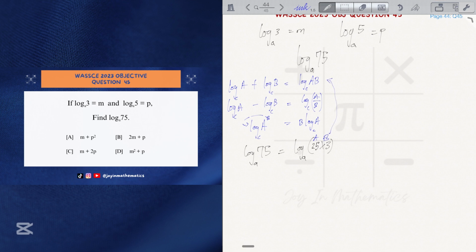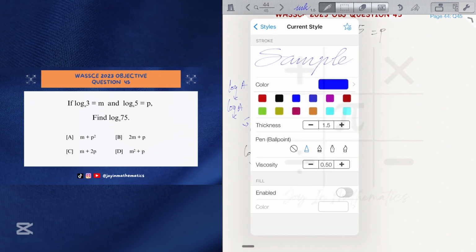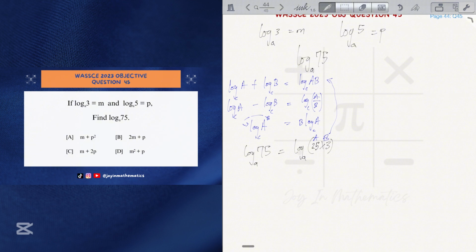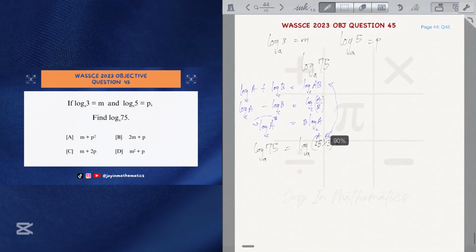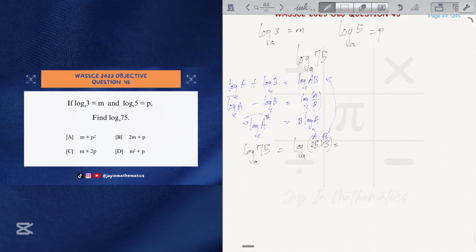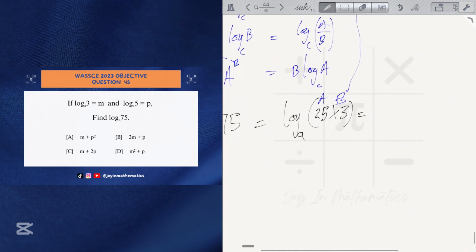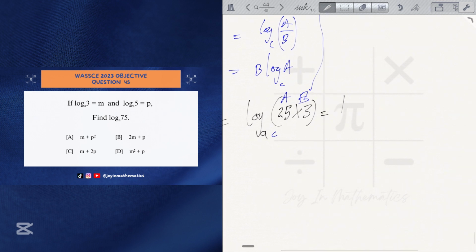Applying the addition law, we have log A to base C plus log B to base C, but C in this case is equal to a. Then this will be equal to log 25 to base a plus log 3 to base a.